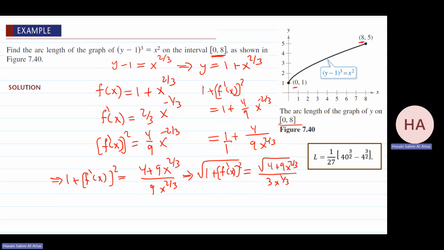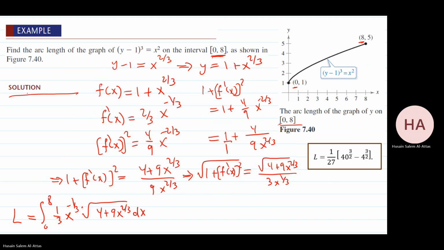Here is the catch. So L will be the integral from 0 to 8 of this. Let me write this as 1 over 3, x to the power minus 1 over 3, times the square root of 4 plus 9x to the power 2 over 3, dx. That's my problem.